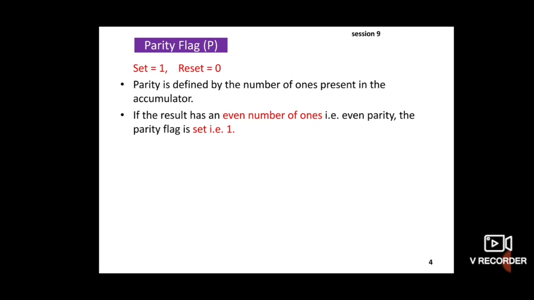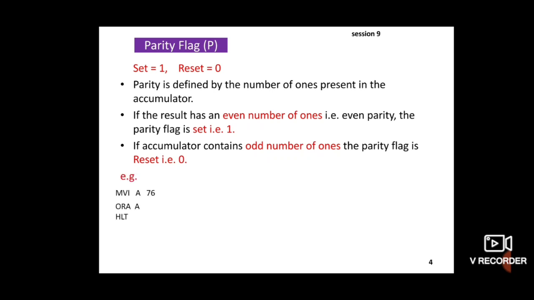See, an even number of ones after the ALU operation, then parity is set. And if the result has an odd number of ones, the parity flag is reset, that is 0. Now see the example of how the parity flag is set or reset.